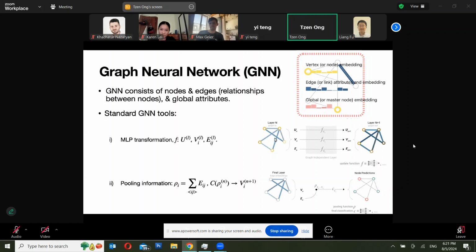The most straightforward way to construct multiple layers of a GNN, so you go from layer n to n+1, is you feed all these UN, VN, and EN into a neural network. Then you have all your weights, biases, and so on.